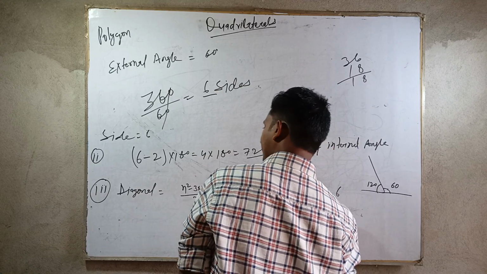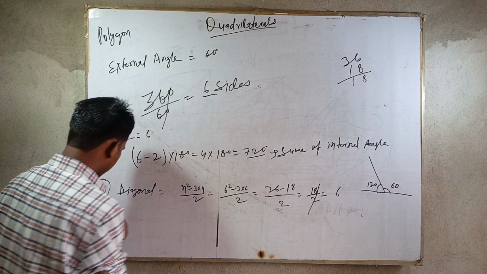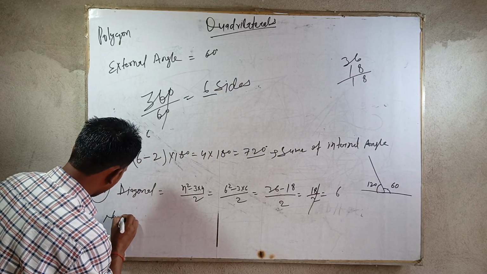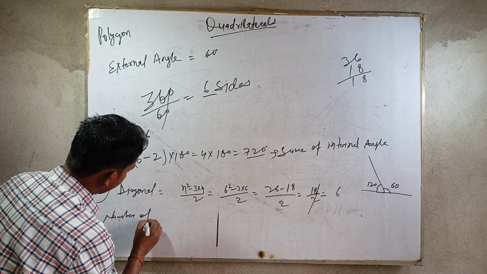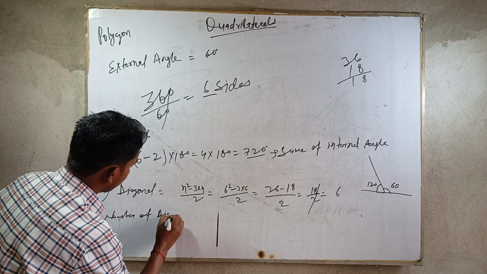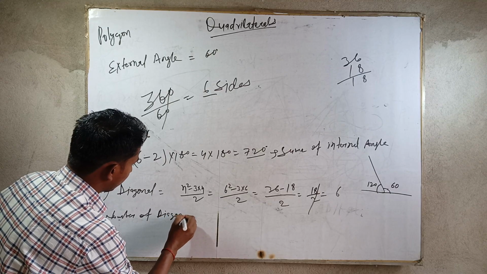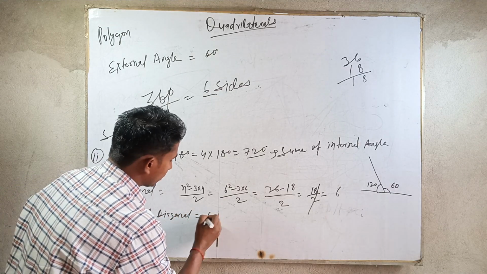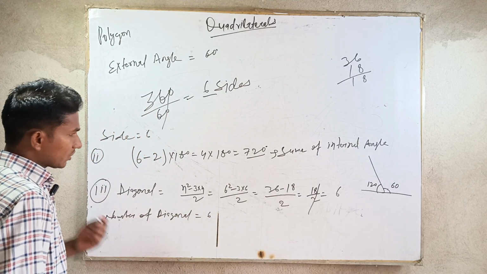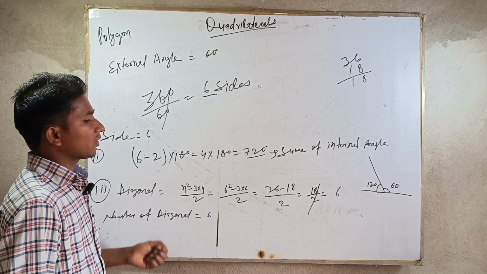That means it would have 6 diagonals. So in the figure, the number of diagonals is 6.